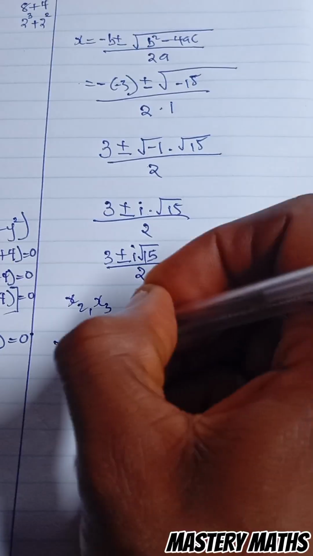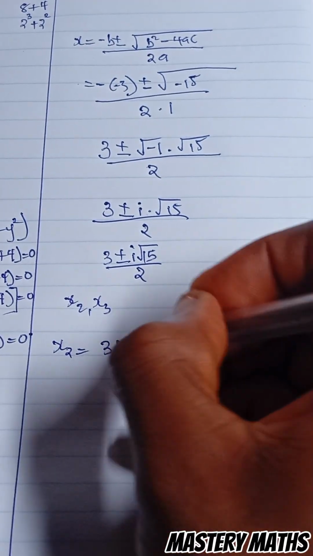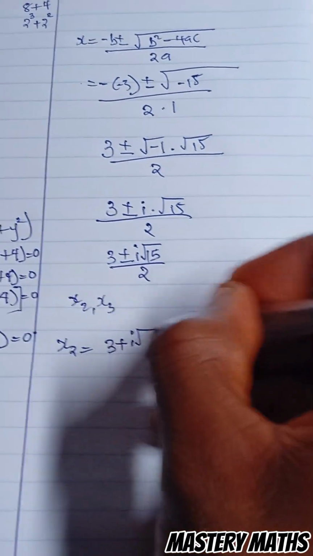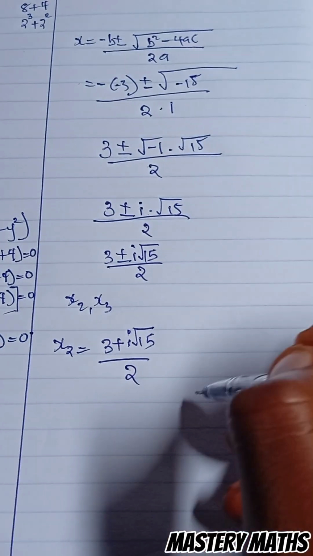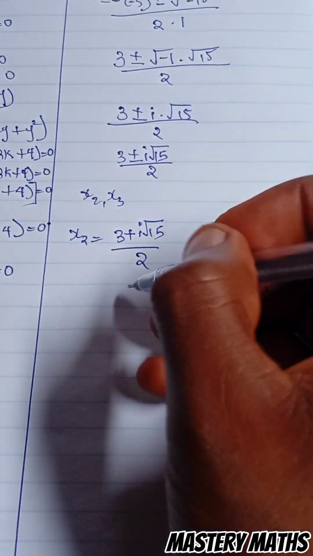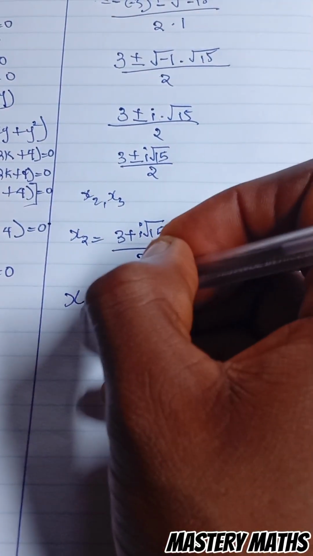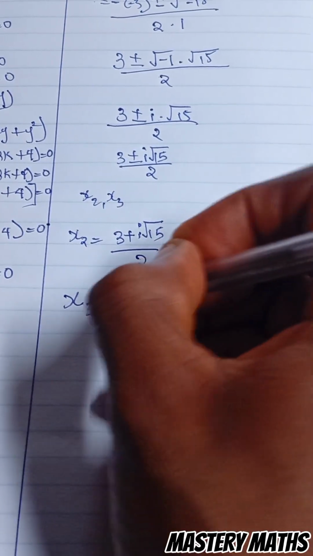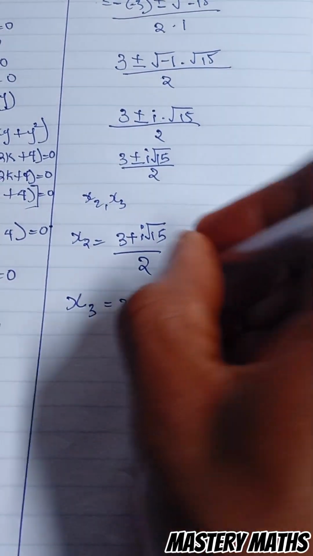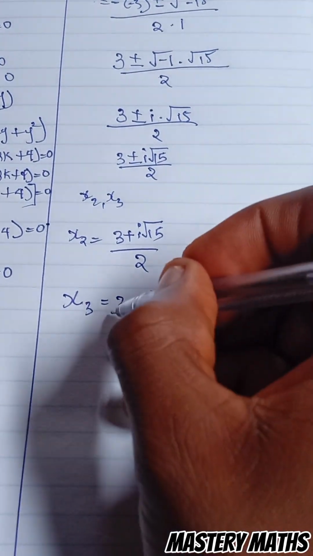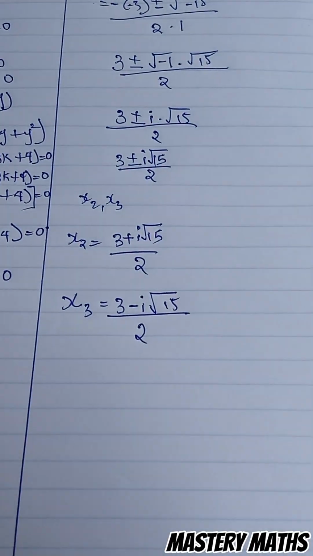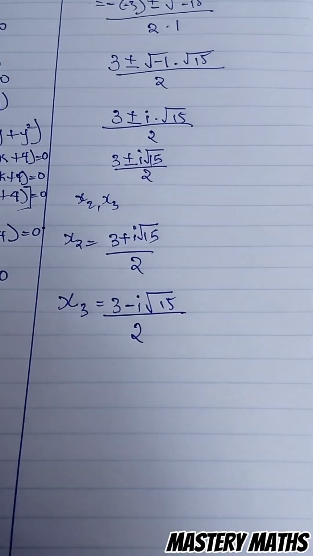So our x2 will be 3 plus i root 15 over 2, and our x3 will give us 3 minus i root 15 all over 2, which we have there.